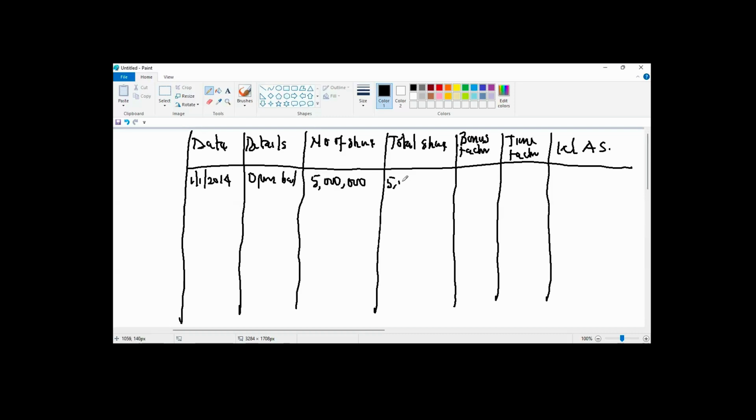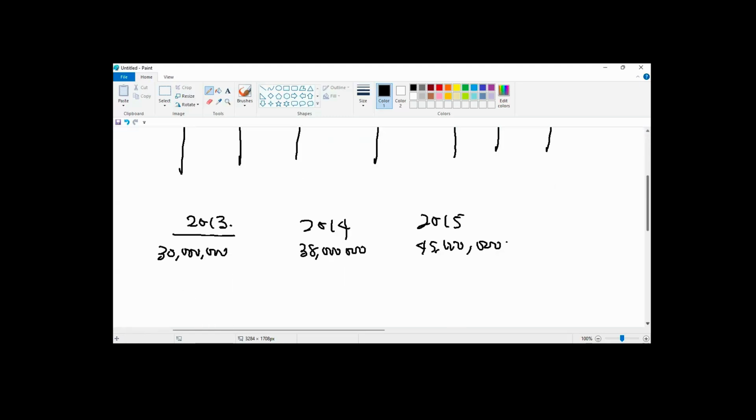Therefore, I can do 2013 earnings per share: this one divided by 5 million, because the closing balance of 2013 will be the opening balance of 2014.